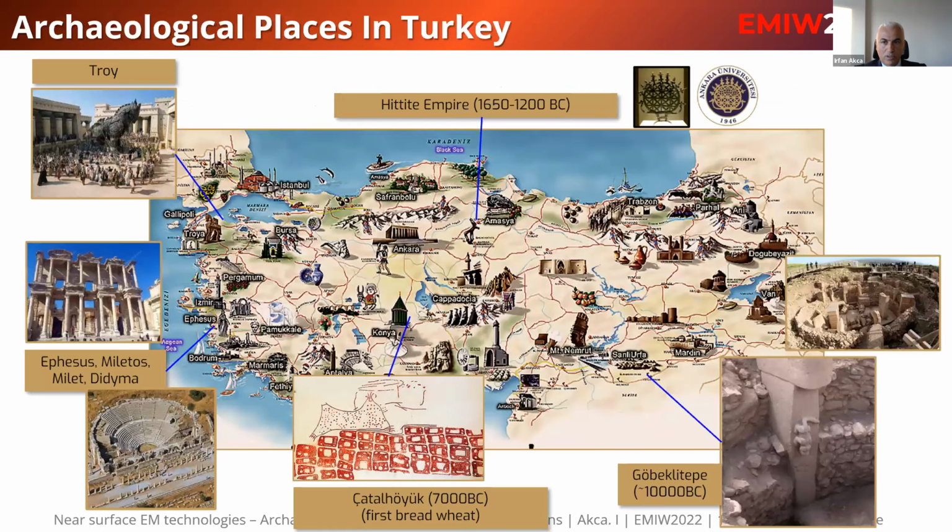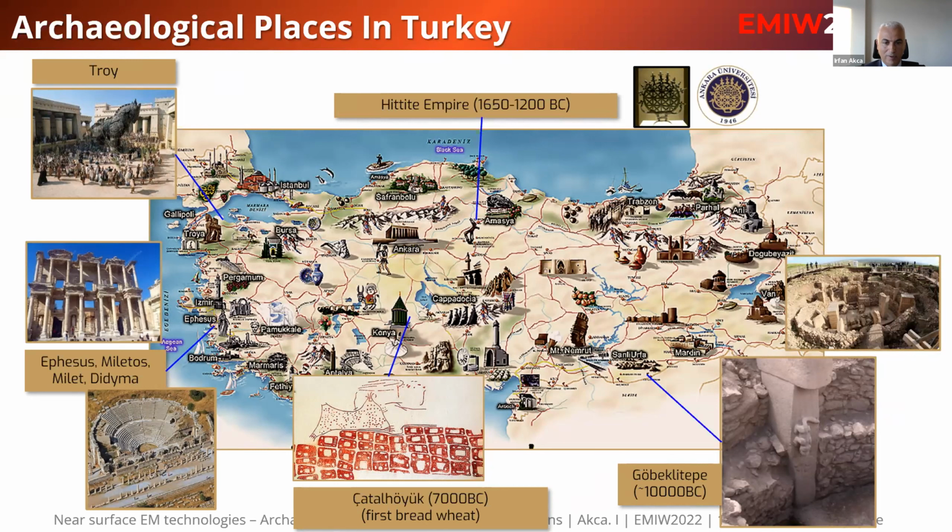Okay, let's continue with archaeological side of this talk. In many parts of the world, we have archaeological remains which dates back to thousands of years from today. Turkey is also a rich country regarding the archaeological history or places.